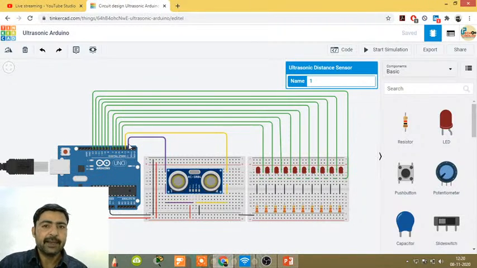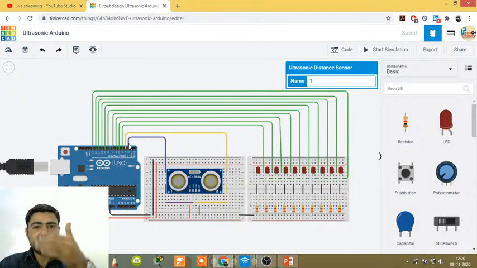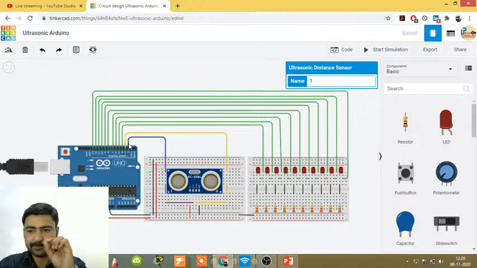Then how we have programmed it: we will be measuring the distance by dividing it into 10 centimeter steps.